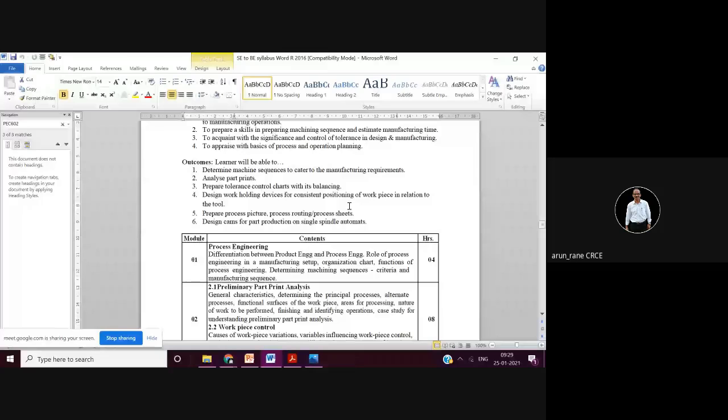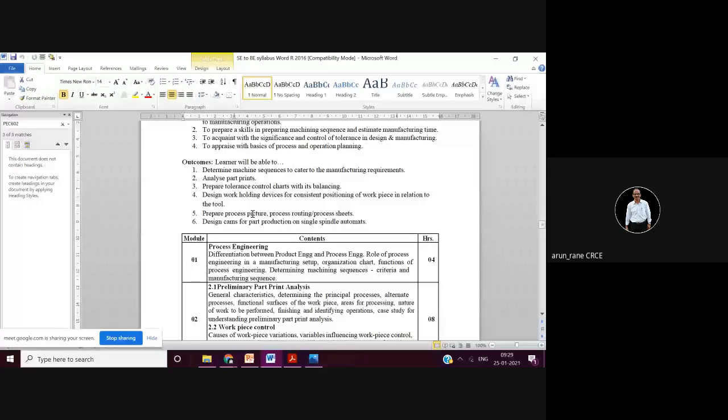What kind of fixturing will be required to hold an egg which is very delicate, or a thin wall component like a bush having a wall thickness of 1 millimeter? So how to hold it in a chuck? Because if we are talking about 1 millimeter, it's like an egg only. If you are having a chuck, say for ramming, it's going to collapse. So how to design your work holding devices?